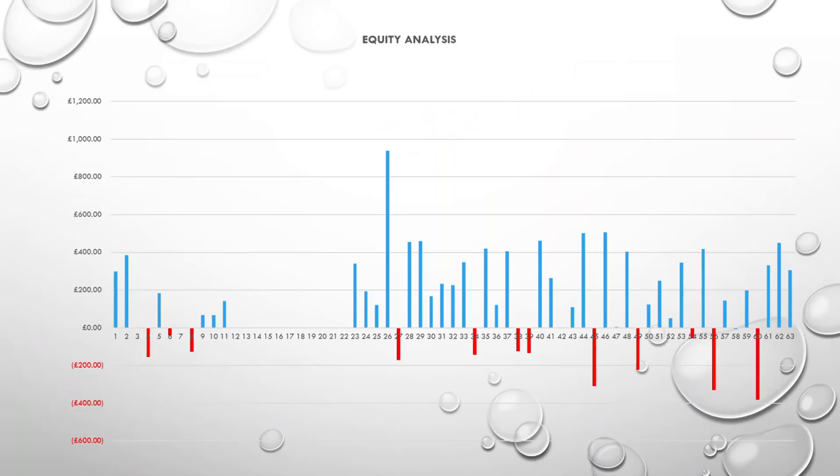Okay, another way that I deal with losing days is I'm quite a visual person. So this graph here is basically showing you this project began in March and there's been 63 trading days. And you can clearly see here how, in terms of my strategy, there's a lot more winning days than losing days.